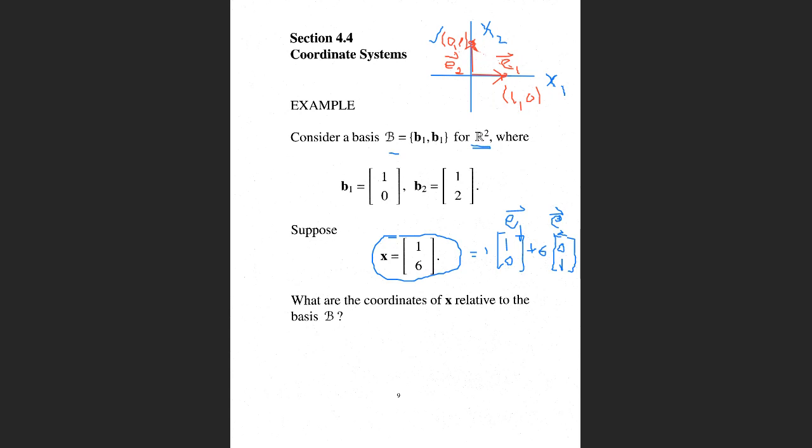Let's say the basis vectors that we're going to use, basis B, consists of the basis vectors 1, 0 and 1, 2.